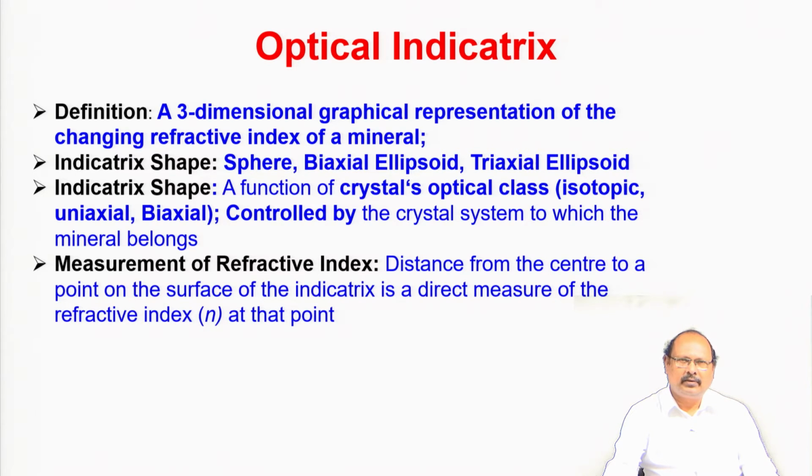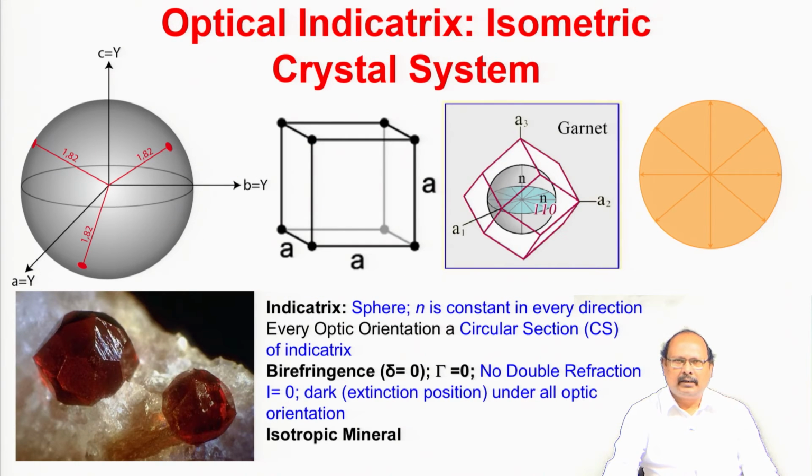So, this is also a directional property of a mineral in terms of a three-dimensional geometry, which we call the optical indicatrix. Now, let us start with the optical indicatrix of minerals belonging to the isometric crystal system.